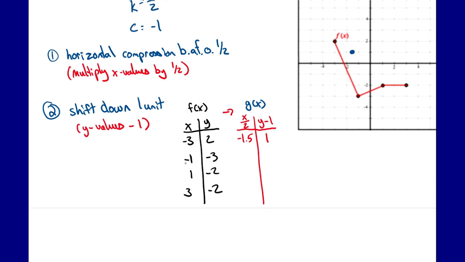For the next point, -1 divided by 2 is -1/2. -3 minus 1 is -4. So I'm going to plot that point now. So -1/2 and -4. For the next point, 1 divided by 2 is 1/2. -2 minus 1 is -3.